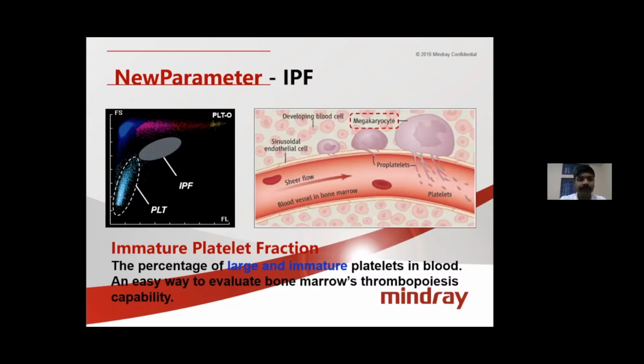IPF is the percentage of large and immature platelets in the blood to the total platelets. You have to note down, it's the large and immature platelets in the blood. So sometimes you may get some falsely elevated IPF even if there is no uncontrolled platelet production. What are the utilities of these parameters? We will be seeing in the coming slides.